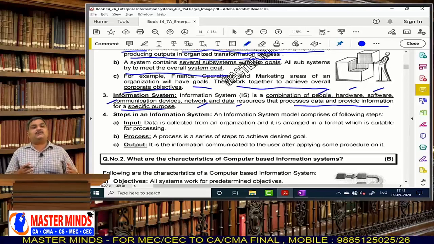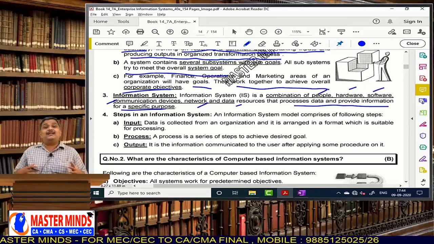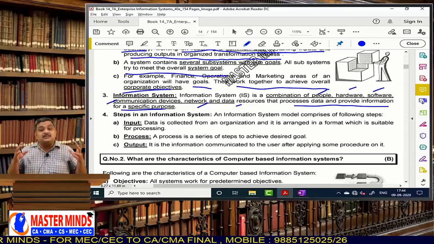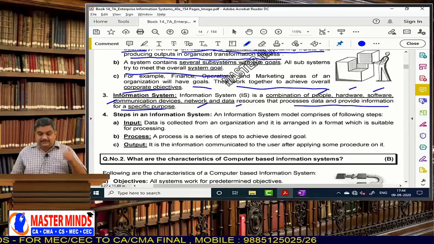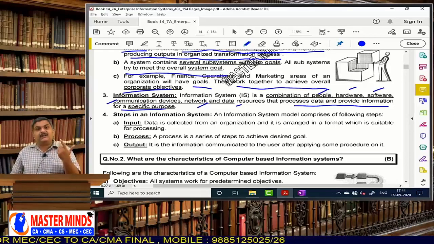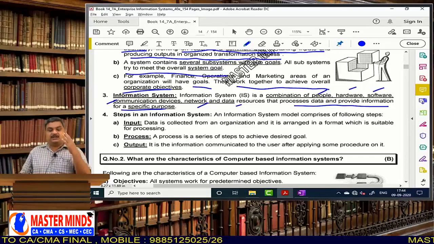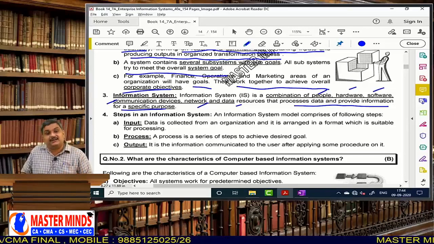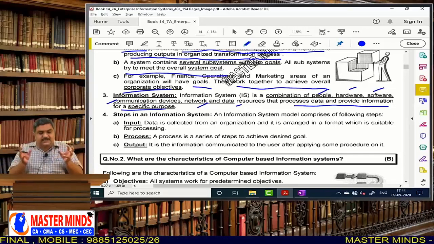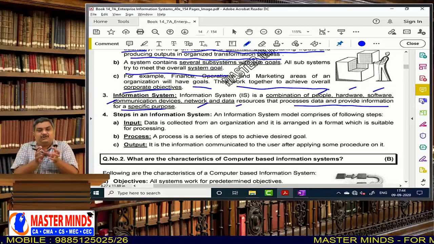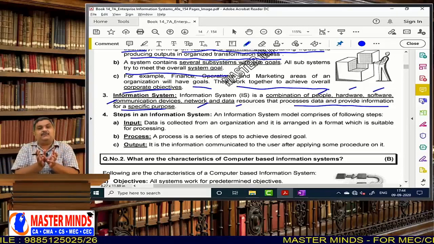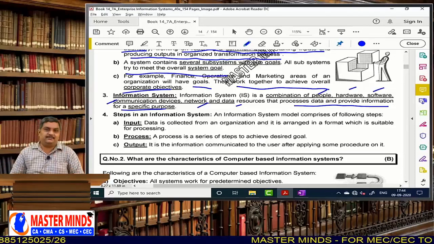See, what is an information system? It is again a collection of several components like what? People, hardware, software, communication devices, network and data resources. That means all these components should come together, should work together for an information system to function.